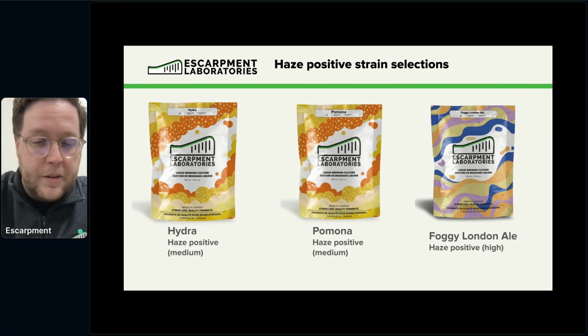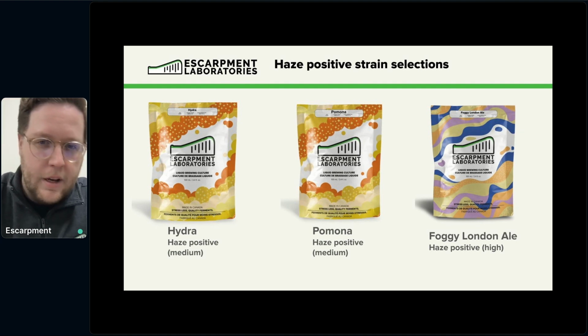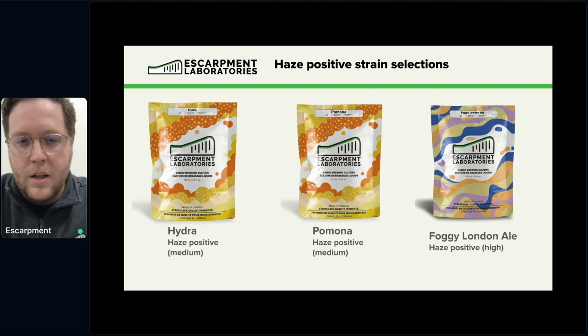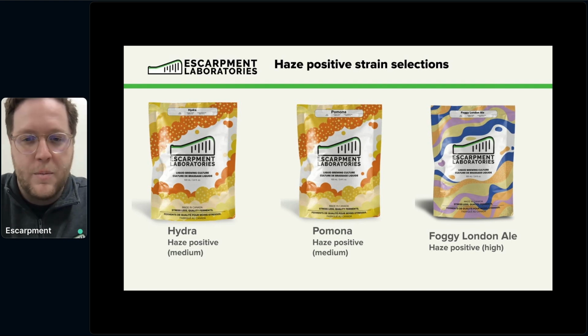So Pomona, which was released this year, is a new hybrid of two of our strains to make one single new strain. We put it through the lab evolution process, and weirdly enough, that process actually made the strain more haze positive. Like I talked about, the yeast is always trying to evolve in response to its environment.